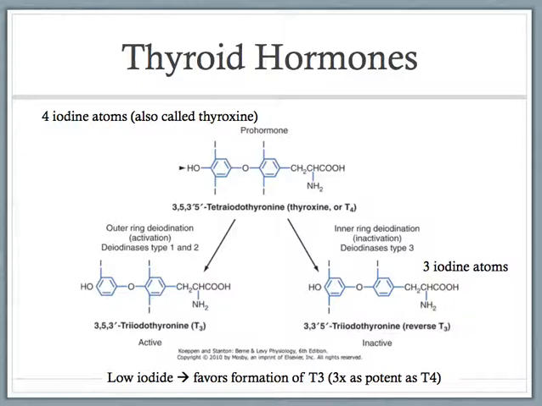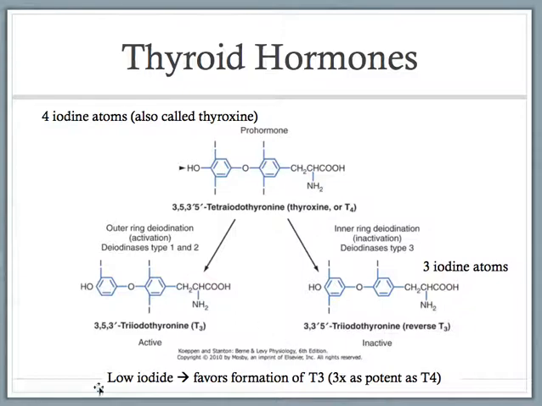Okay, so you've heard me say T3 and T4. Just for some terminology, when people say thyroxine, they're referring to T4, and we call it T4 because it has 4 iodine atoms, which can probably help you guess why we call T3 T3. It has 3 iodine atoms.